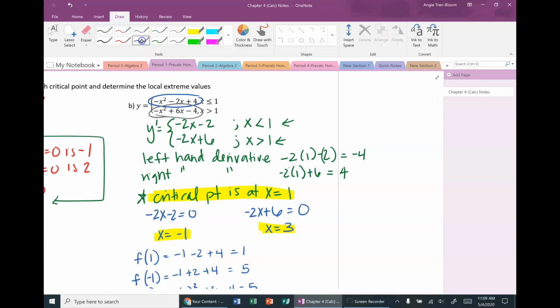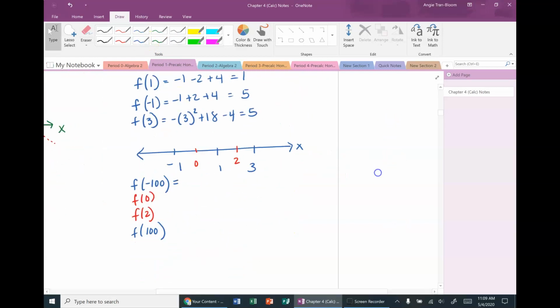So let's go and do that. So negative 100, I'm just going to be using the first term, which is negative x squared. So negative 100 of a negative square, so that's always going to be negative. Then the right endpoint, I'm going to use the same thing. They both have negative x squared in the front, so I will also have a negative end behavior here.